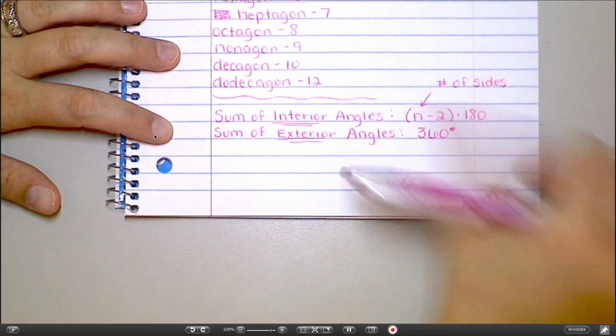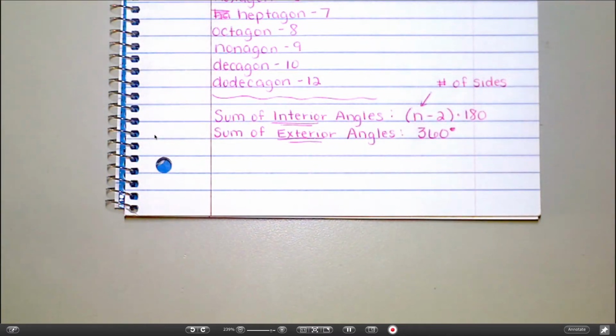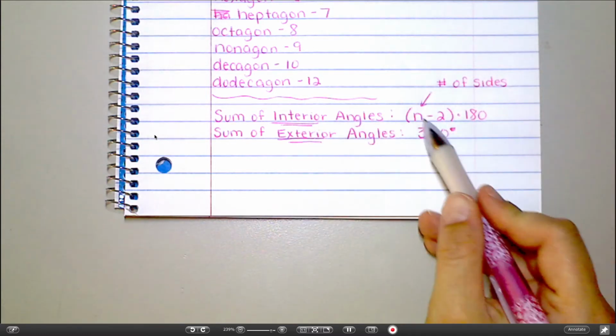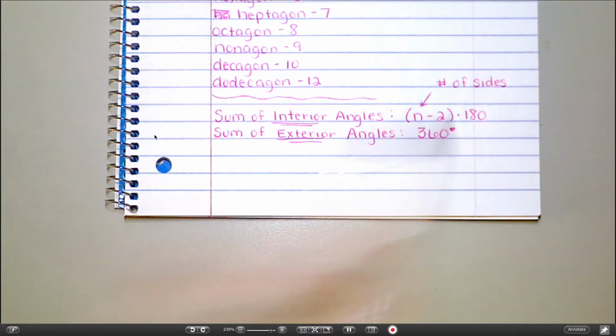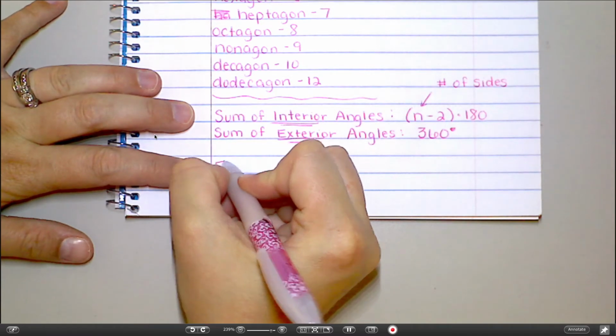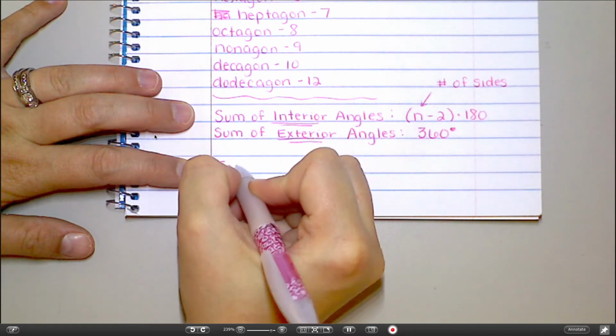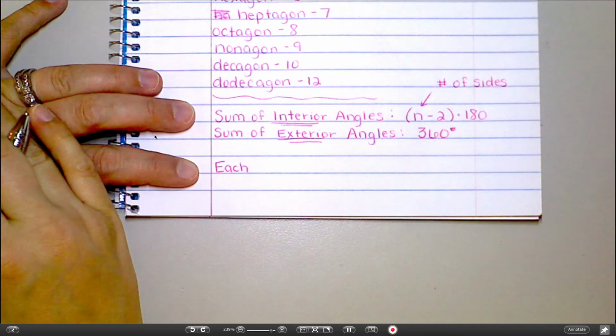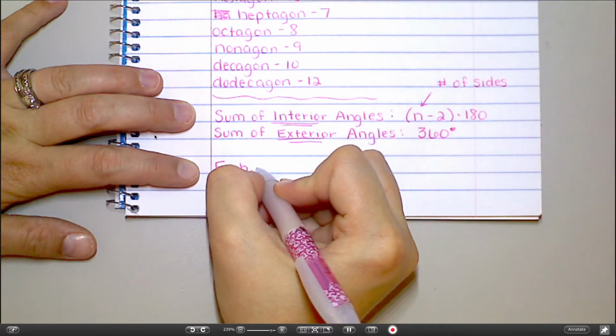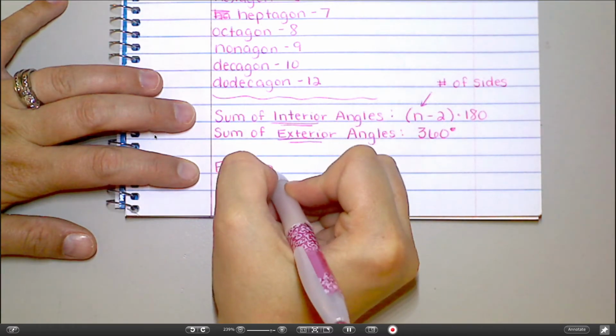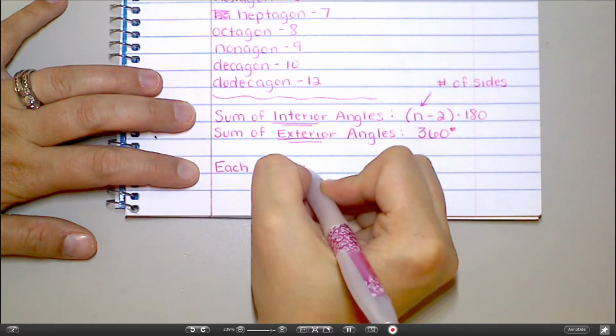So when you add up the exterior angles, it's always going to equal 360, no matter what. The interior angles change based on how many sides you have. The exterior angles don't ever change. It's always 360. If I ask you to find each angle, either each interior angle or each exterior angle, this will only work in a regular polygon.